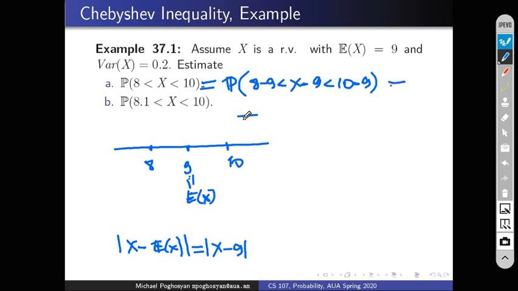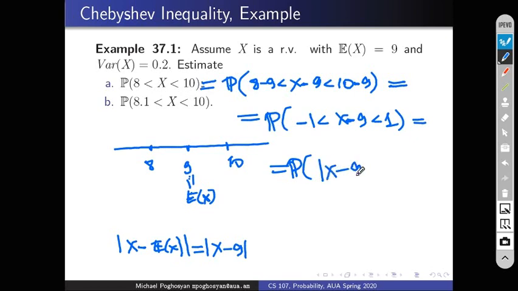And I will have the probability that minus 1 is less than x minus 9, and this is less than 1, is our probability. And I can write this in this form: the probability that the absolute value of x minus 9 is less than 1.